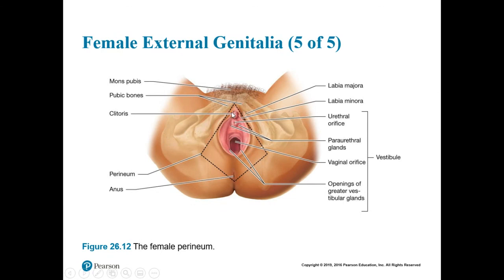So starting superiorly here, there is the clitoris, which mostly has stimulatory effects. Right under it is the urethral orifice. So this is for urination, evidently. And then there's the vaginal orifice right here. So all of it is covered and protected by labia, 2 sets of labia: labia minora, labia majora.